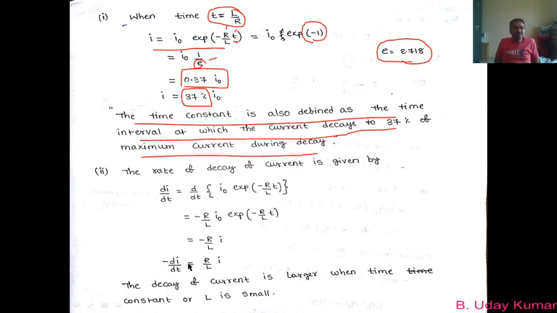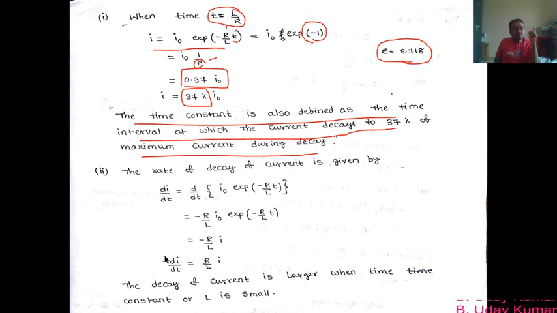So this minus dI by dt is nothing but the decay of current. This decay of current is larger when the time constant is small. Time constant is in the denominator: time constant is nothing but L by R. So the decay will be larger when the time constant is small. Remember, we take minus here because the current is decreasing, so this is called the decay of current.